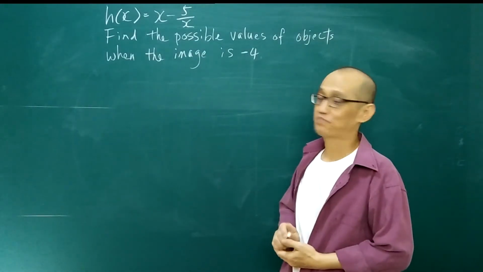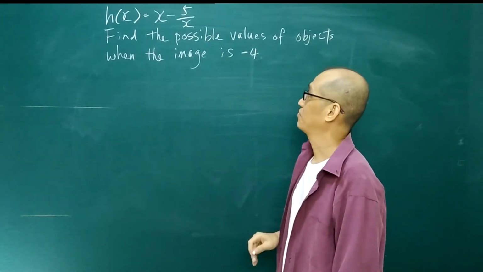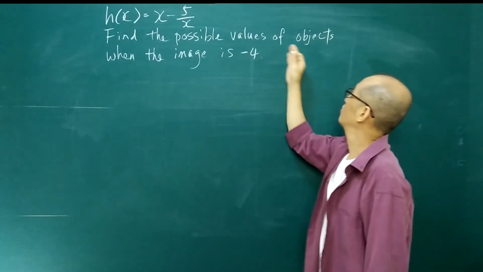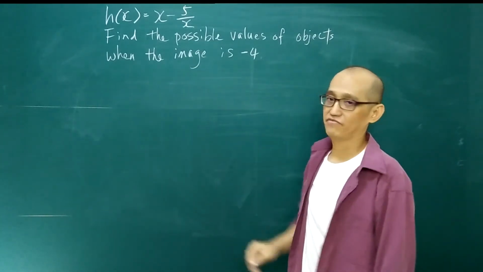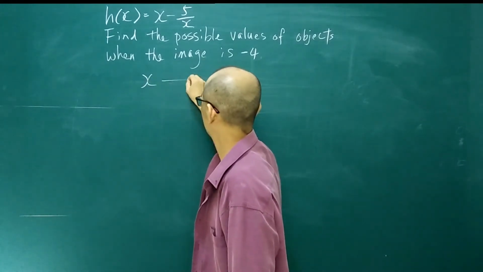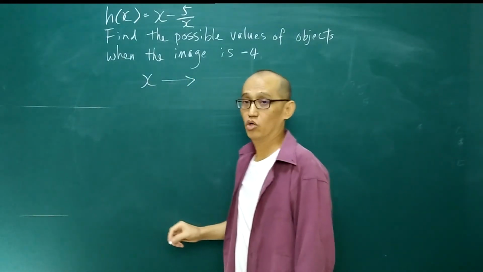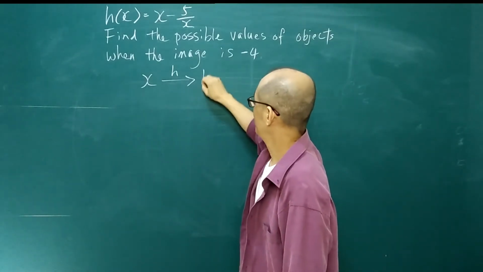Let's look at this one. h(x) equal x minus 5/x. Find the possible values of objects when the image is -4. So we have x undergo the function of h, and we get h(x).